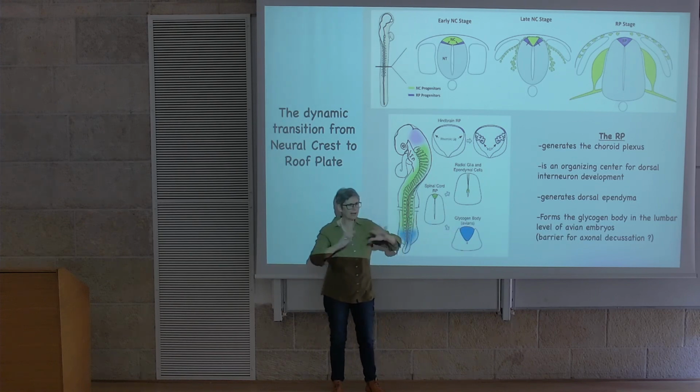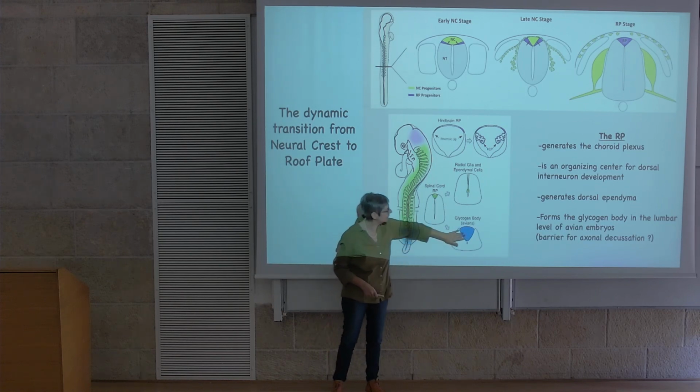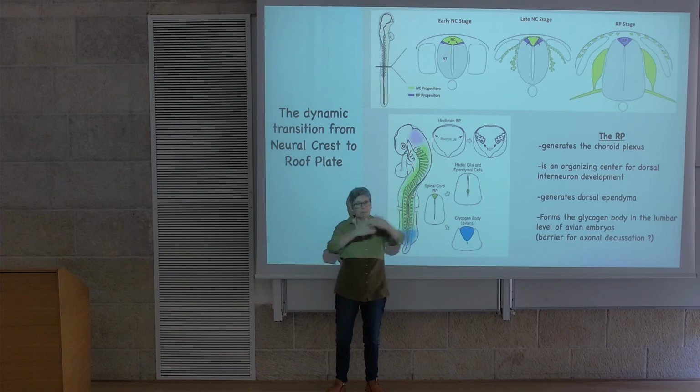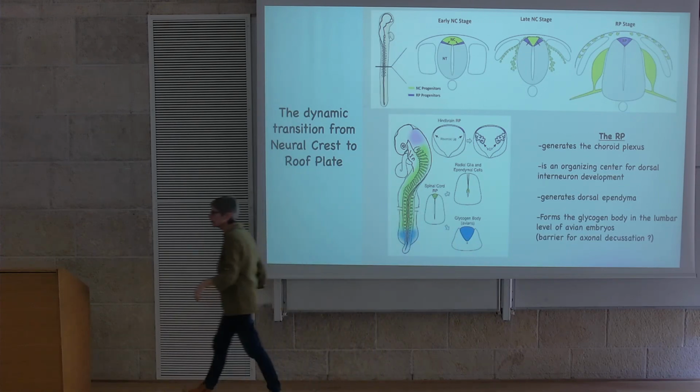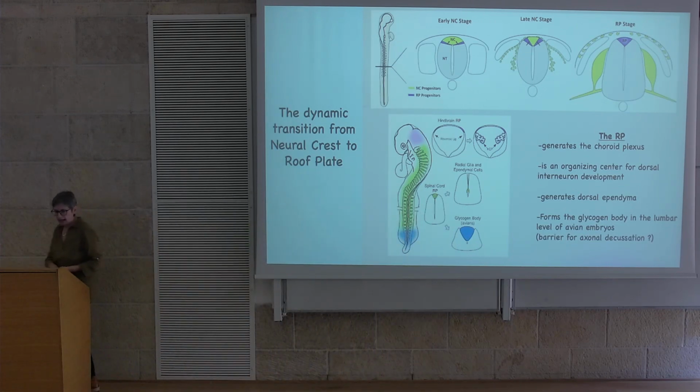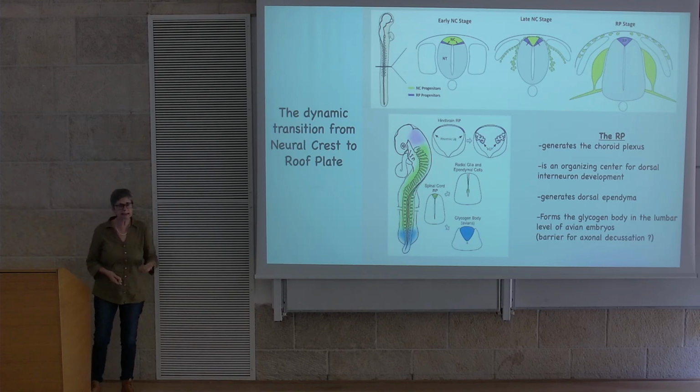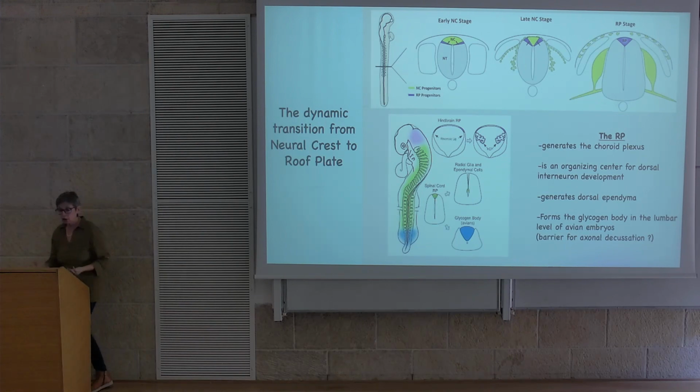Cells proliferate, have a lot of glycogen, and we believe they behave as a kind of barrier for axonal decussation, for contralateral axonal elongation. So the roof plate is important. Without a roof plate, as you will see later on, there are no dorsal interneurons, and it is obviously a kind of midline, pretty much like the floor plate.